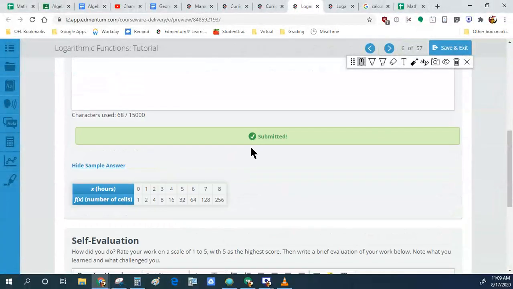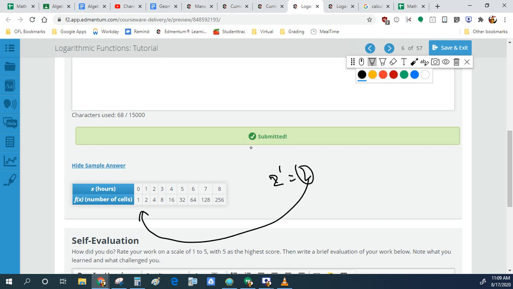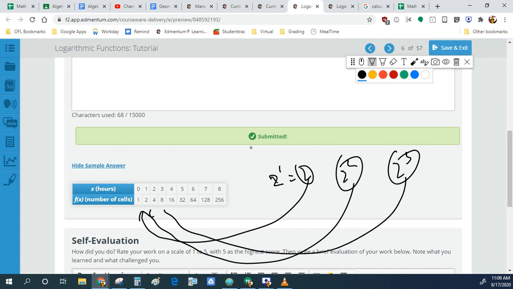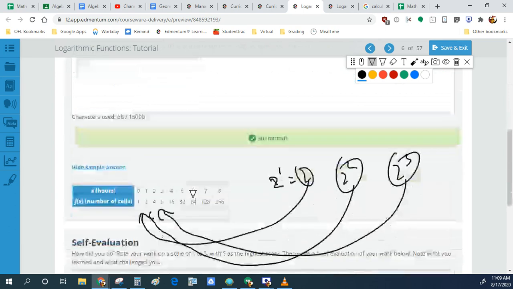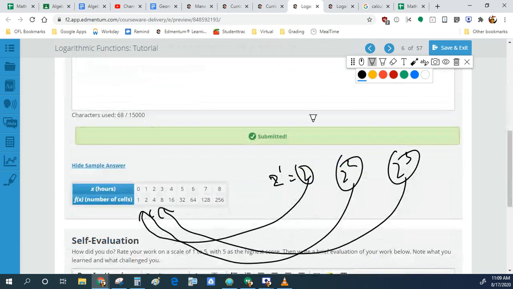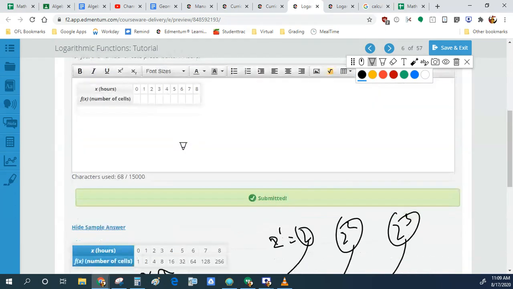This is just a matter of doing 2 to the 1 equals 2, and that's how we get this. 2 to the 2, that's going to be our 4. 2 to the 3, that's going to be our 8. So this part's going to be really easy for you guys to fill out. In fact, there's the answers right there if you guys need them.